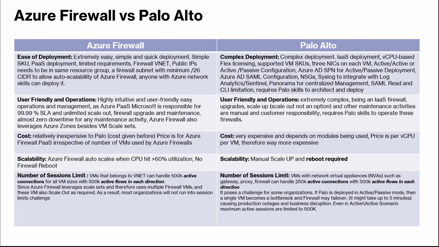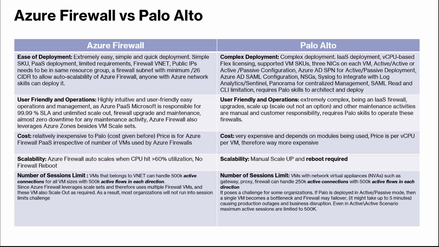Coming to the cost part, which is equally important, if not more. When you look into these solutions, it could be very expensive when you go the Palo Alto route. On the other hand, for Azure Firewall, as I have already given you the cost earlier, if I calculate the Premium, it's probably going to be about $1,200 a month, irrespective of the number of VMs that Microsoft is using in the background.